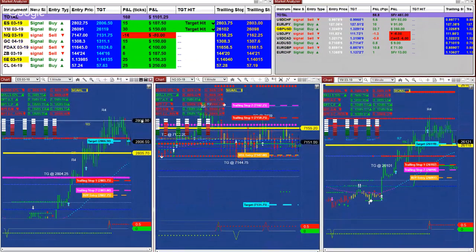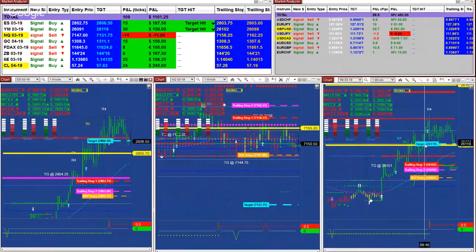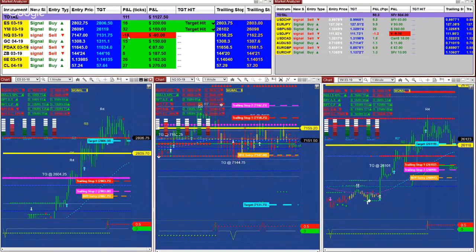That's what caused the ES and the YM to pull back at the moment. Right now, if you see on the market analyzer, we are down 18 ticks on the Nasdaq, which is nothing compared to what the Nasdaq normally does.